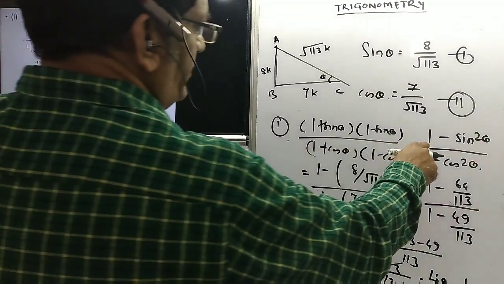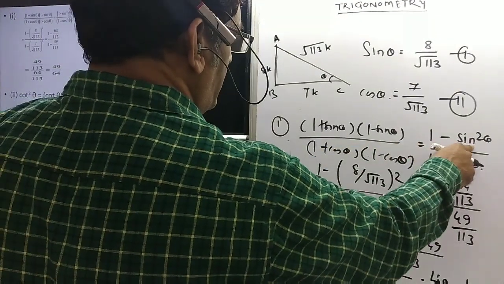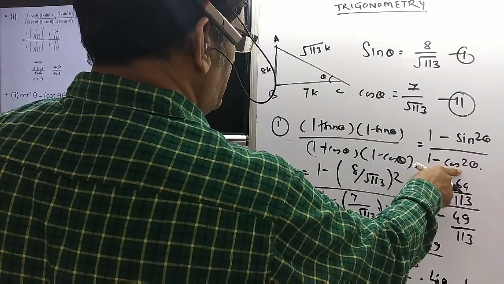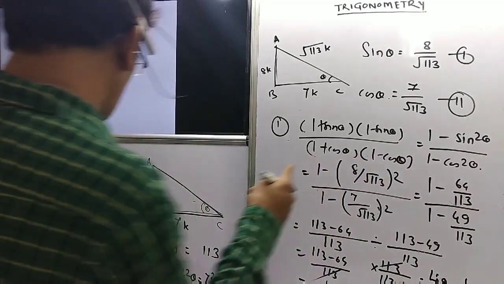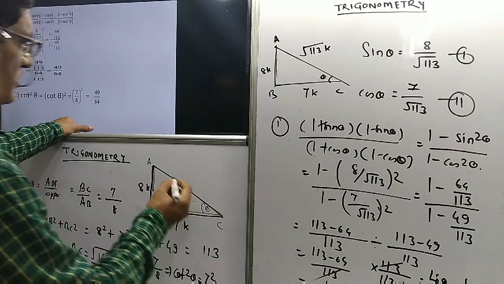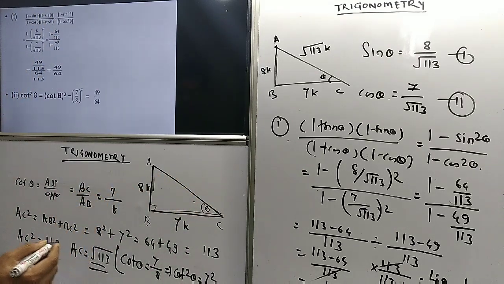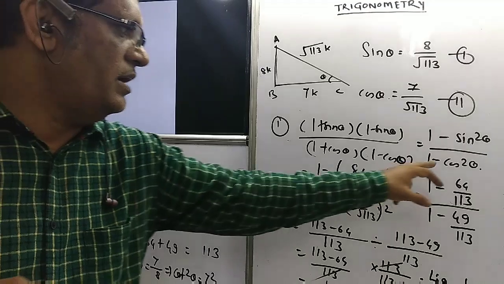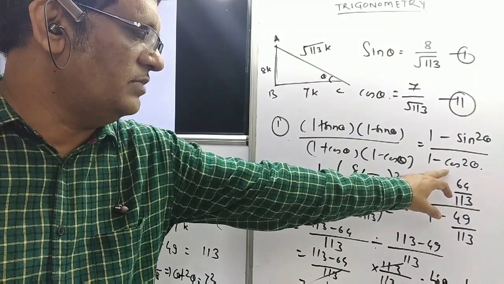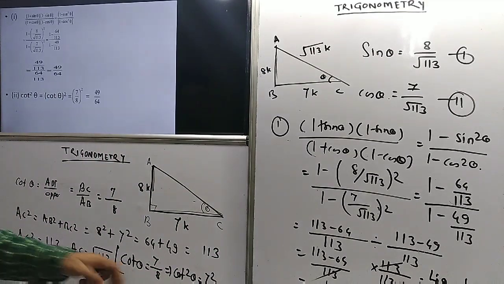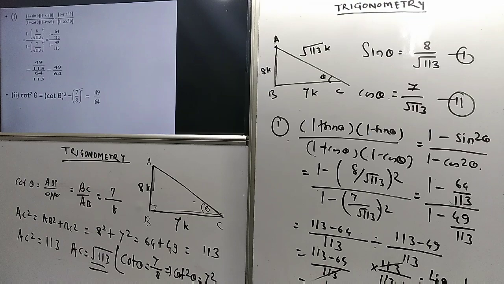The reason is simple: later on you get the identity that 1 minus sin square theta is cos square theta and 1 minus cos square theta is equal to sin square theta, and cos square theta by sin square theta is equal to cot square theta. So this value, 1 plus sin theta into 1 minus sin theta over 1 plus cos theta into 1 minus cos theta, becomes cot square theta, that value is 49 by 64, and cot square theta is also 49 by 64.